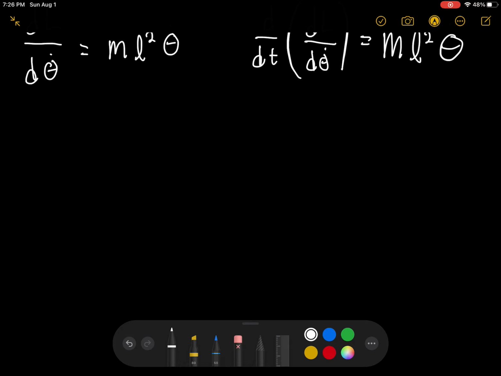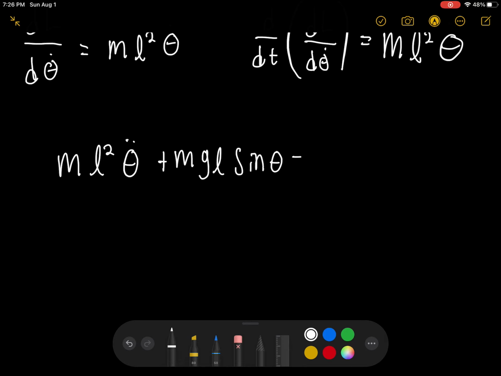We can finally plug in everything that we've gotten so far and come up with the solution of mL squared theta double dot plus mgL sine theta is equal to 0. And one sneaky little trick that you can do is say that if theta is a small angle, approximately 0, you can also say that sine theta is equal to theta. That's a neat little trick.